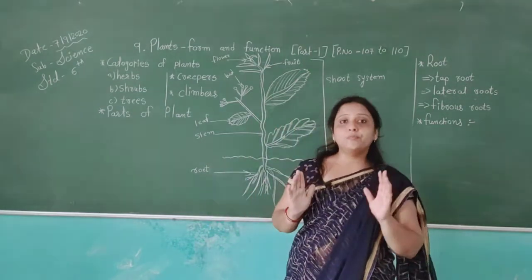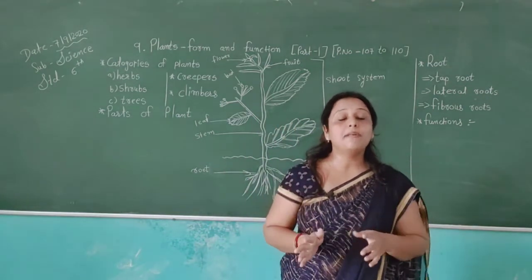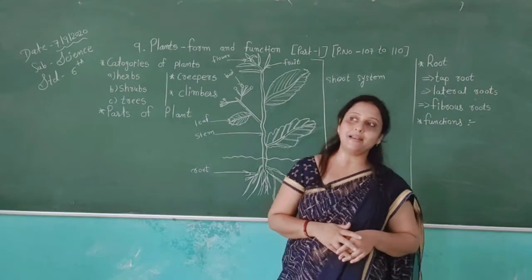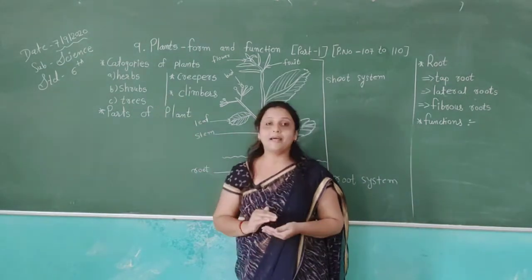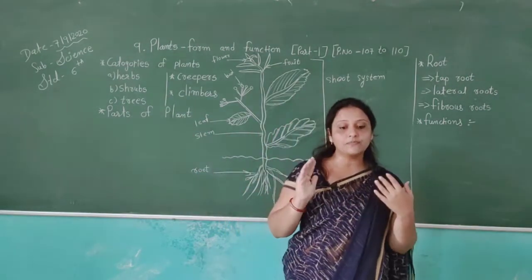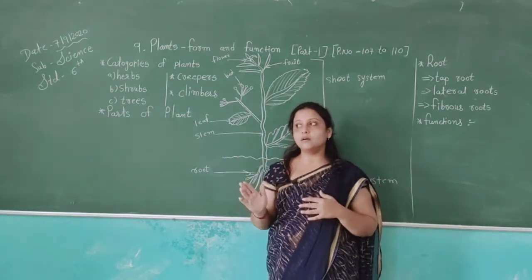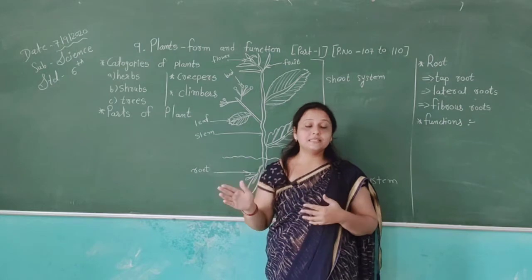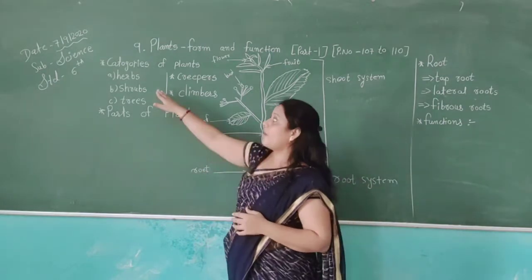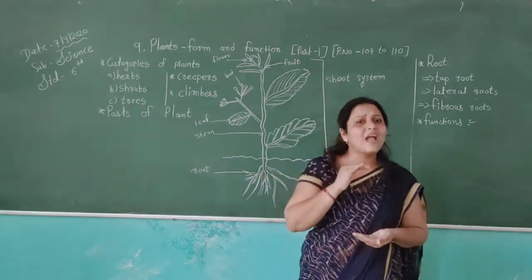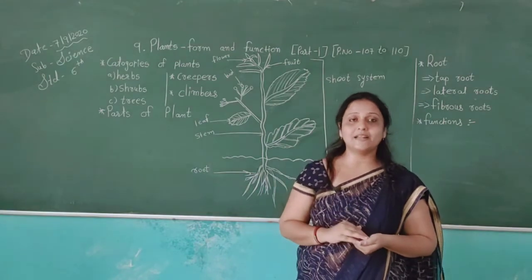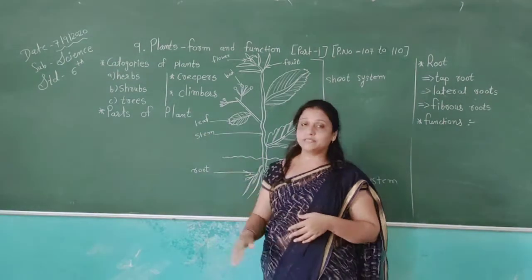I hope you are clear about the categories of plants. Very small plants are called herbs. For example, coriander is one type of herb because it is a very small plant.